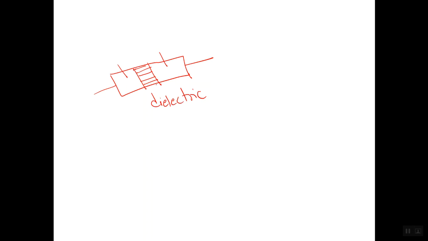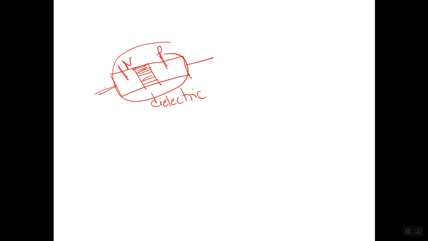As you know, in a capacitor there are two parallel plates and a dielectric in between. So here also it seems that this is a capacitor because these N and P behave as plates, and this depletion layer behaves as a dielectric.